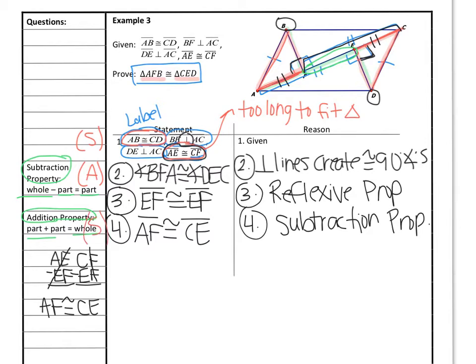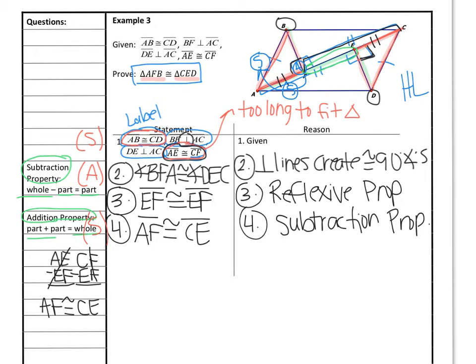So I need to figure out what my theorem is. I've got a side with the tick mark, a side here, and a congruent pair of angles, those 90-degree angles. If I followed them in order, it would be ASS if I took the shortest route. But we know we can't use ASS, and as long as it's got the 90-degree angle, then it's a right triangle, and we can use HL, which stands for hypotenuse leg.